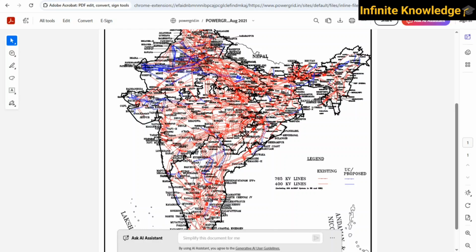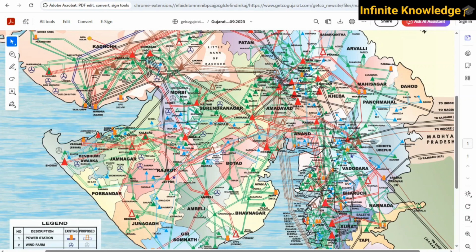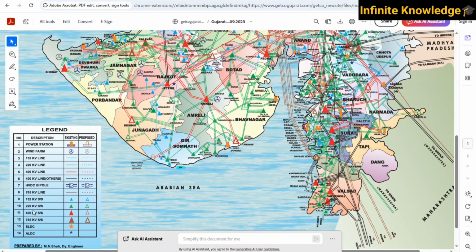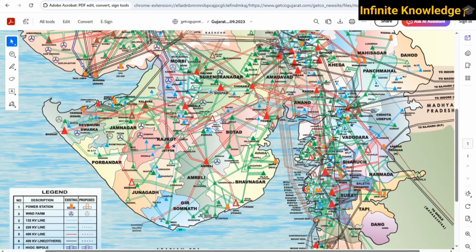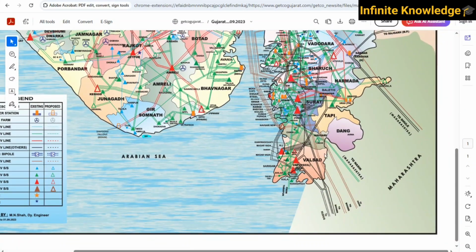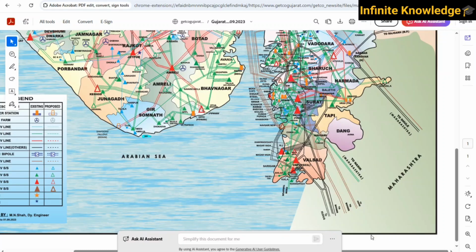If you go to the power map of Gujarat specifically, you can see most 220 kV substations highlighted with green lines. Most of these substations are connected to different states, like Nasik in Maharashtra.